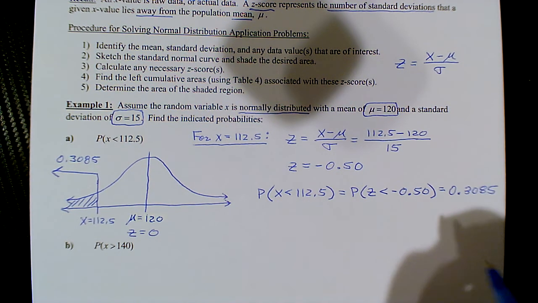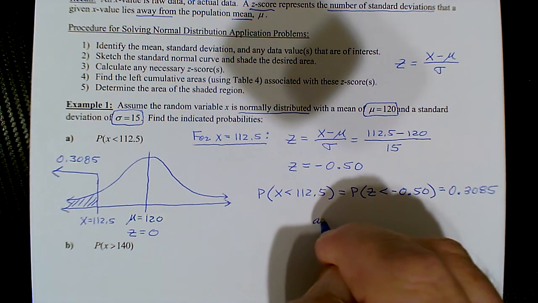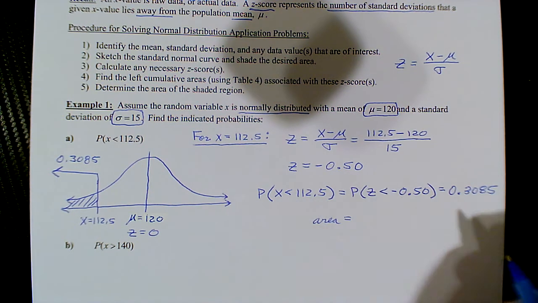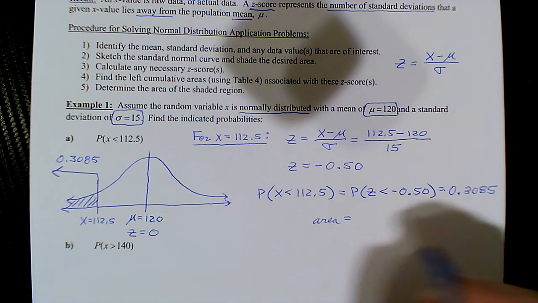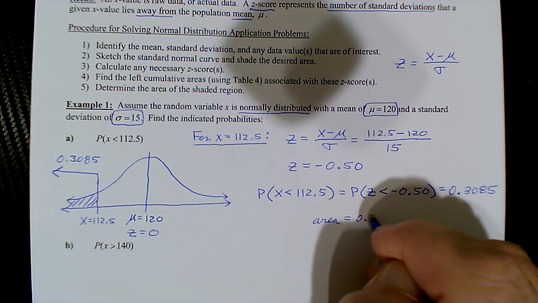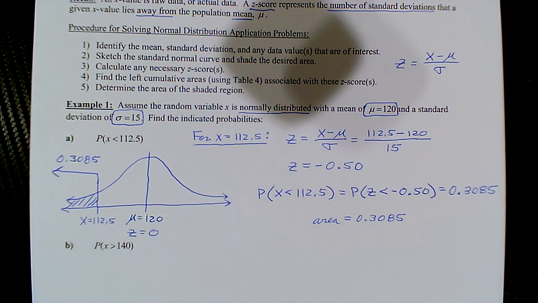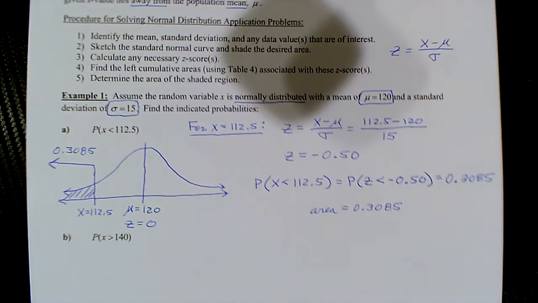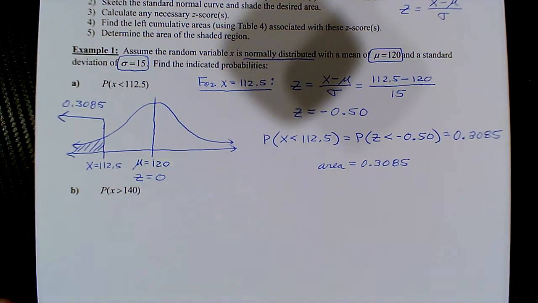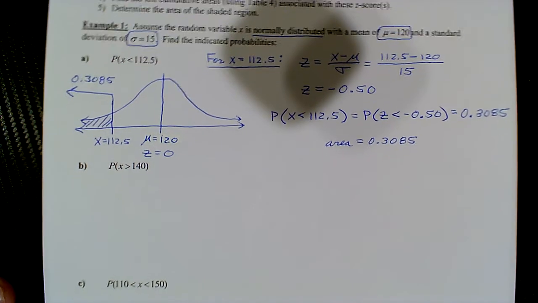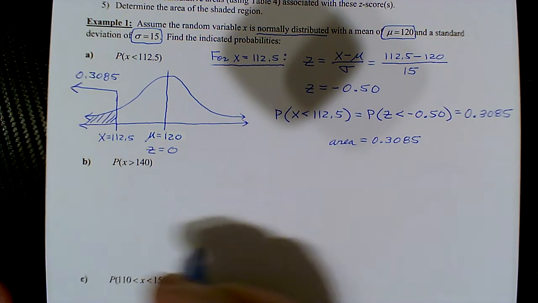But in the future, you might just see me write area, rather than using the probability notation. The probability notation is fine, but to make things a little easier, you could just call it area.